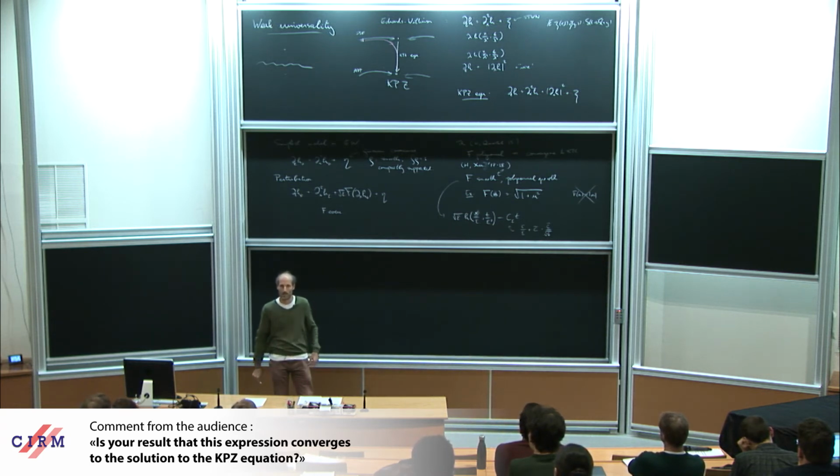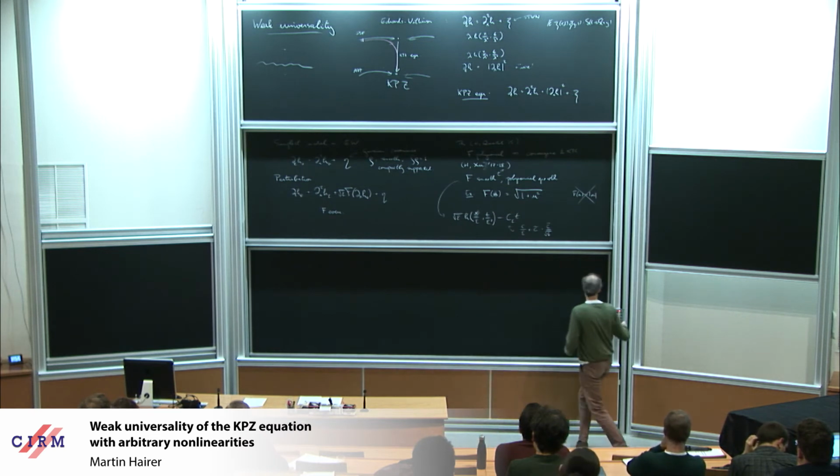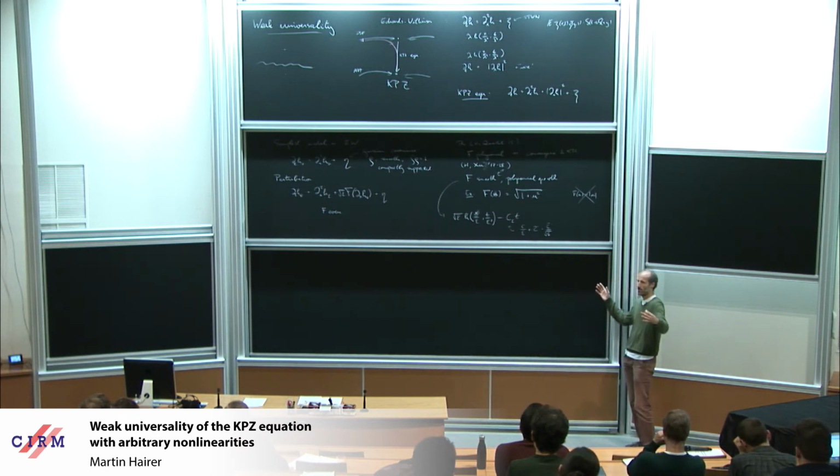What kind of convergence then? If you just rescale the thing, it can only be a weak convergence. So it's weak convergence on finite time horizons. And all of these results are also in finite boxes.